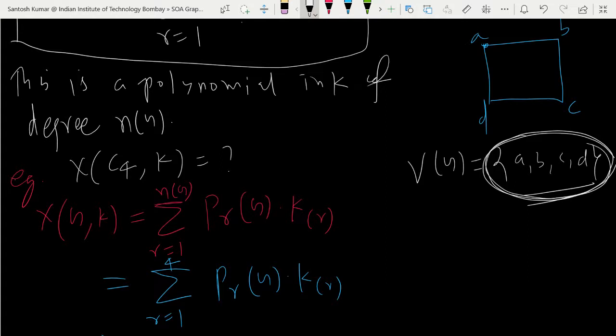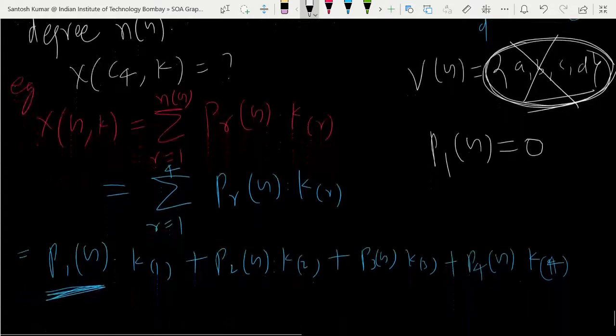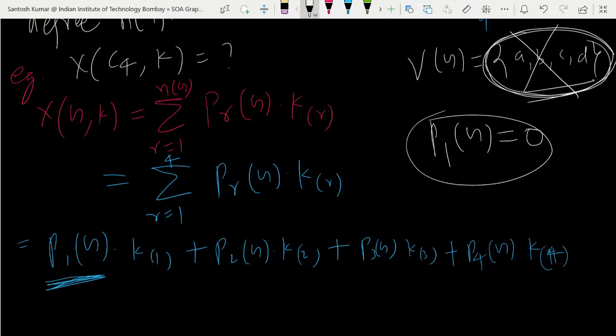No. That's why you cannot partition the vertex set into one class, and due to this reason P1G is equal to 0. Zero means there is no partition of the vertex set into one class, because a partition class must be independent.